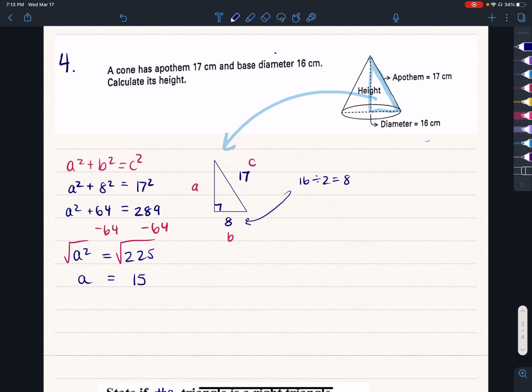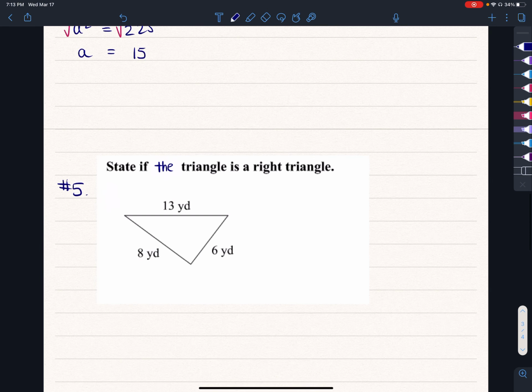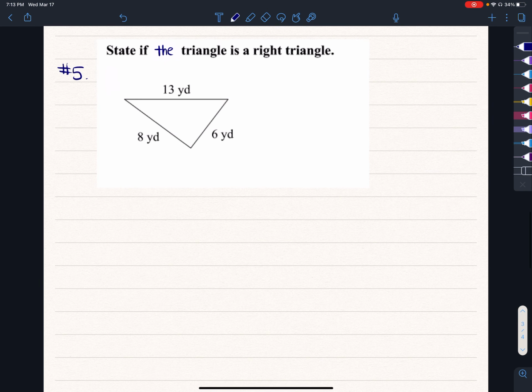Okay, and then the last question is Pythagoras, but the converse. If we have a triangle with a right angle, then A squared plus B squared equals C squared. This is the logic that we've been using.